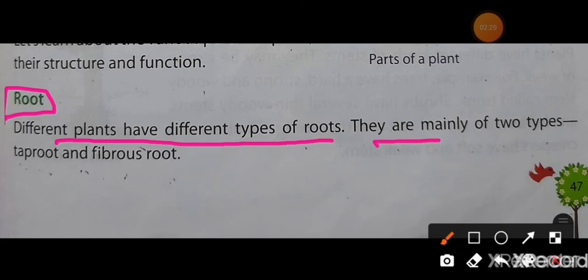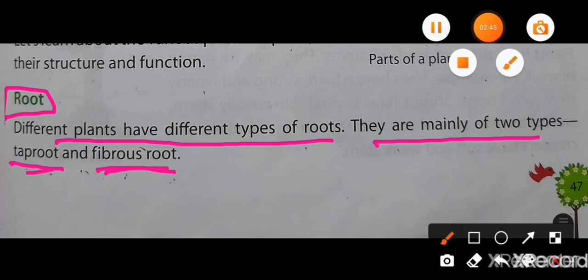They are mainly of two types, taproot and fibrous root. Let's see what the taproot and the fibrous root are.